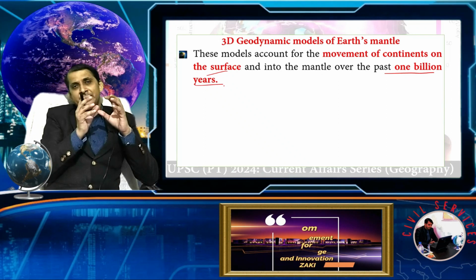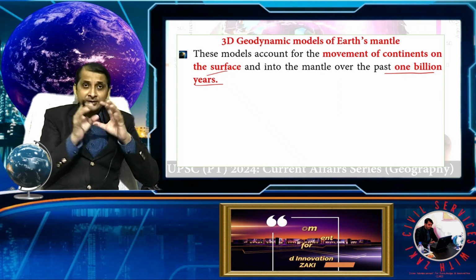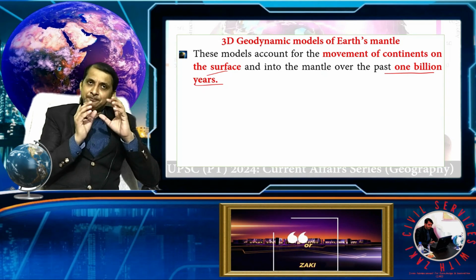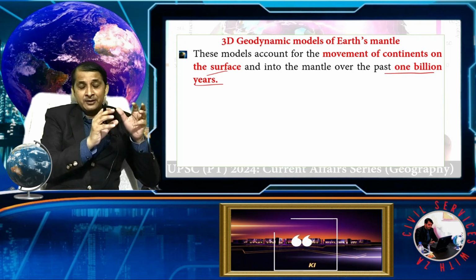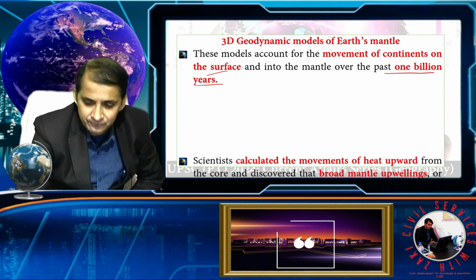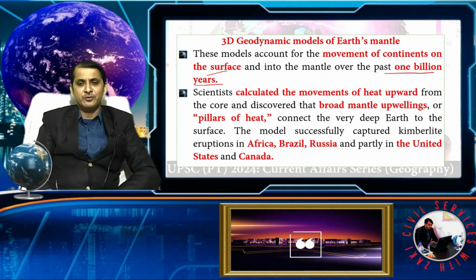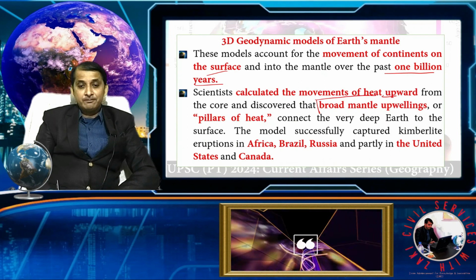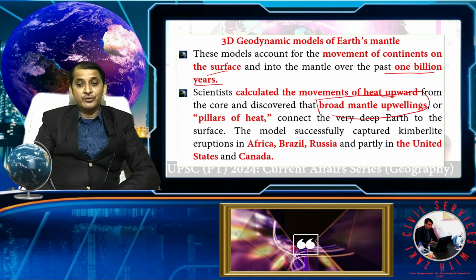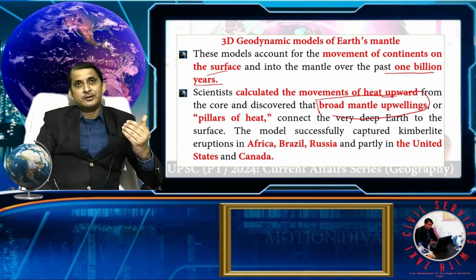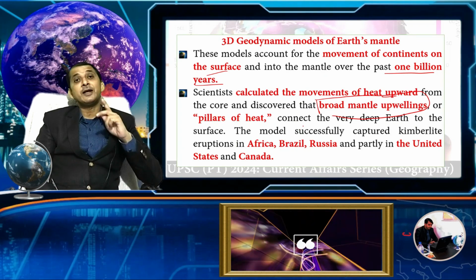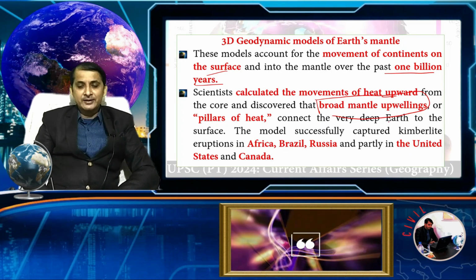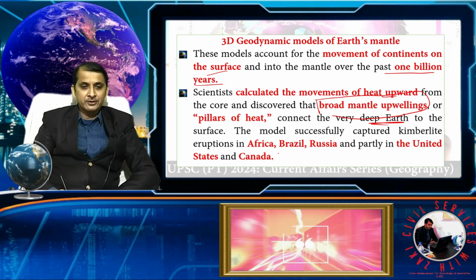So basically it is a record of Earth history over about 1 billion years, fed to the supercomputer, and finally the supercomputer calculated the movement of heat upward from the core and discovered the broad mantle upwelling, or pillar of heat. You can call it a pillar of heat, and you can also call it broad mantle upwelling, connecting the very deep Earth to the surface.